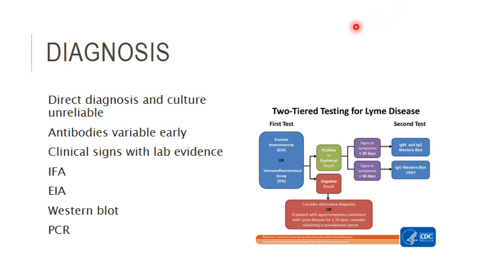So the CDC requests or recommends that we use the 2-stage or 2-tiered testing system for Lyme disease. Your first test should be either an immunoassay or an IFA, which is a screen basically, where you test for an antibody present in the patient that is specific for a generalized Lyme antigen.